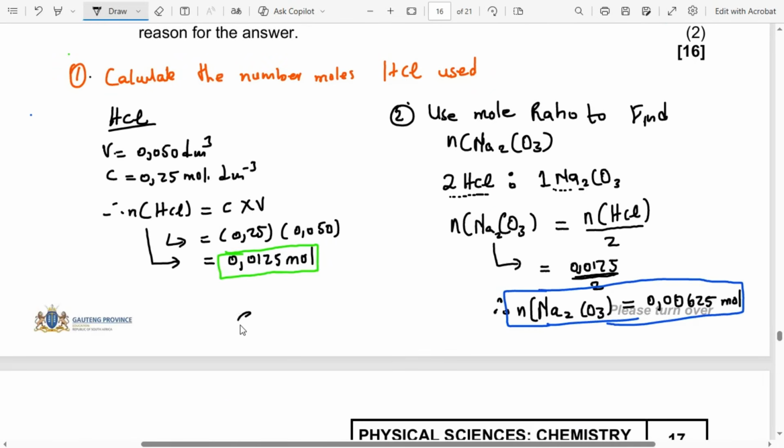So C is equal to the number of moles over V, which is 0.00625 divided by the volume of 0.020. Whatever answer you get is going to be the concentration of that Na2CO3. Divide those two. Let me go to my calculator.